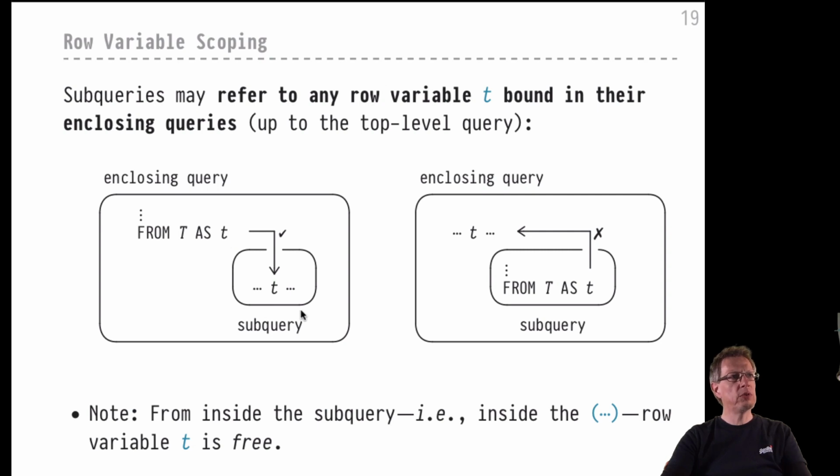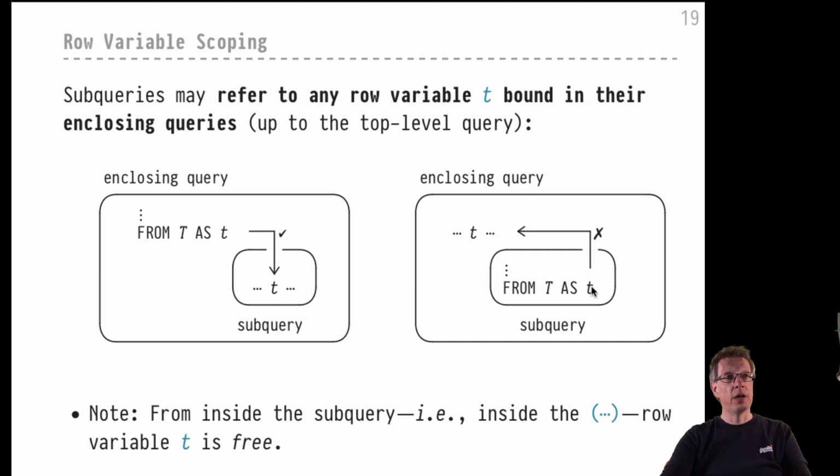So inside this subquery, we would see the binding, we would see the row variable t, and we could access its binding and work with the bound value here. So that would be considered fine. Passing bindings from the enclosing to the subquery is considered okay.